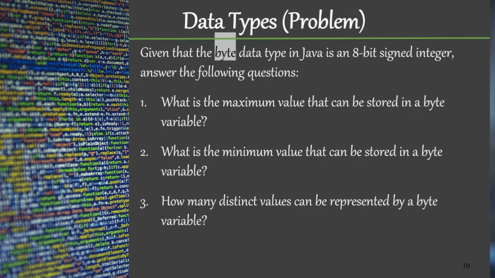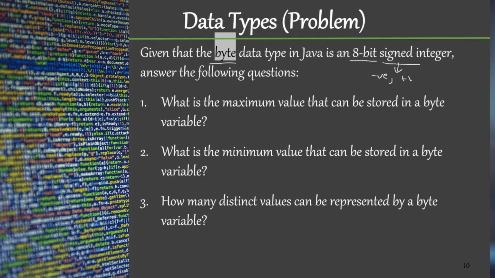So now I am coming to the problem solving approach, and with this question, I hope most of the things that we have studied till now will be clear. So we have a very simple question, and we are just considering the byte data type. In Java, it is well defined that it is 8-bit and it is signed. What is the meaning of signed?